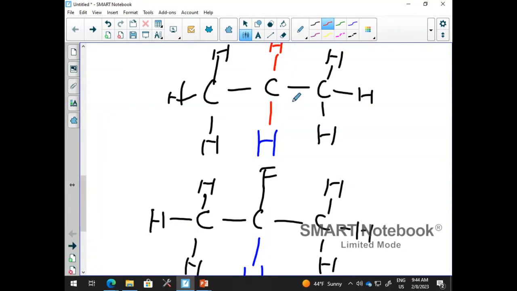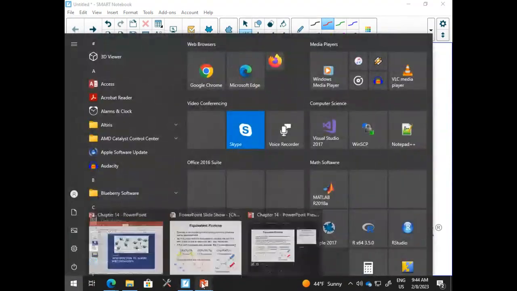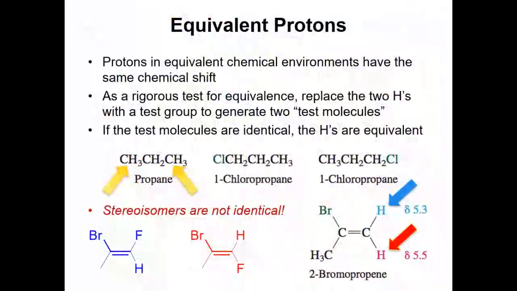I will show you. If you're checking one of those methyl protons and you replace it with chlorine, you get this one.